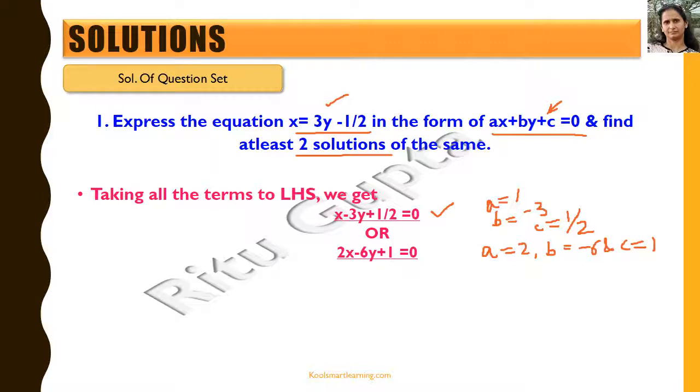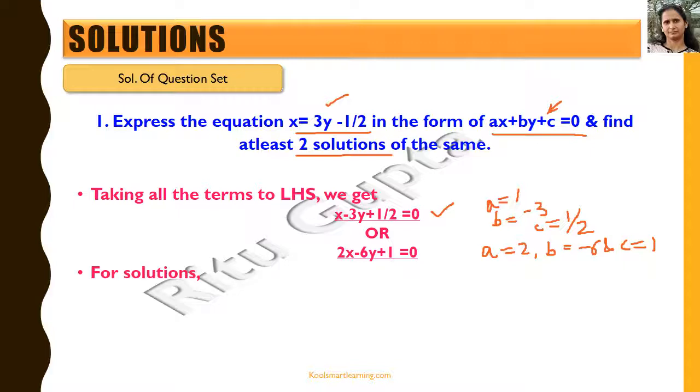So one thing to note here is that one equation can be written in more than one way when we are writing it in the standard form. So there will be different values of a, b and c when we write it differently. So we don't have a unique set of a, b and c when we write a linear equation in two variables in its standard form.